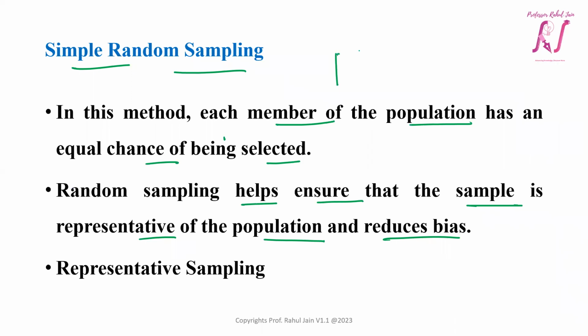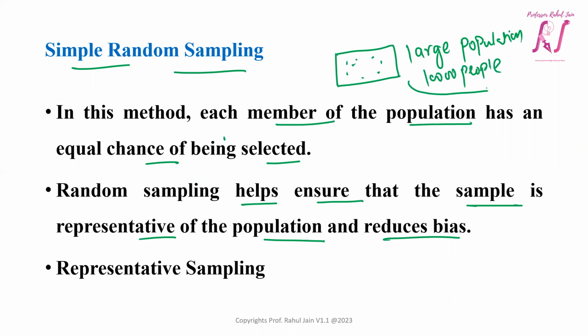So let's say we have a large population set, a 10,000 people group, and out of this 10,000 people group, I need to select 1000 people.